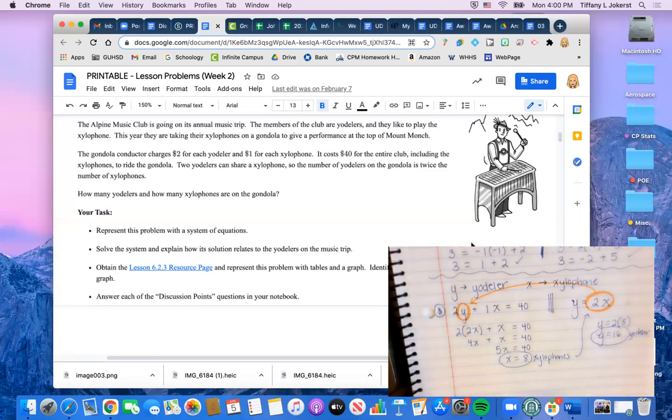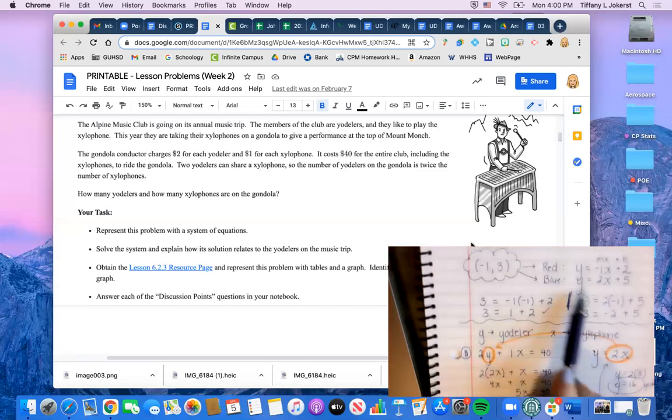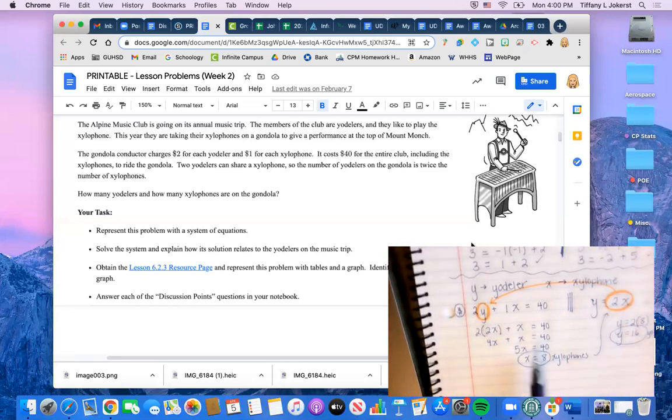Now, I always double check myself to make sure that I did it right. I'm going to plug in 8 and 16 into this other equation to make sure that it gives me the $40. So I'm going to have 2 times my yodelers, 2 times 16, plus 1 times my 8.